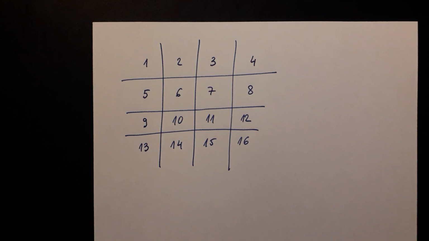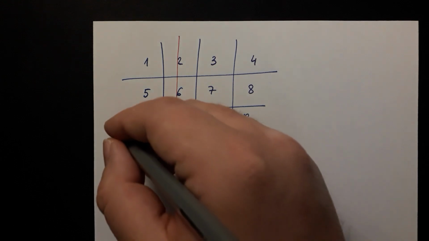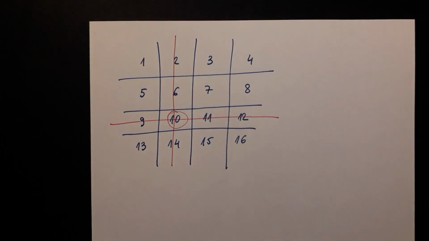For example, if you have picked number 10 as your first number, the next number which you pick must not be in the same row and it must not be in the same column. So you can pick from any of the remaining numbers that are not in the same row and not in the same column as the first number which you have picked.